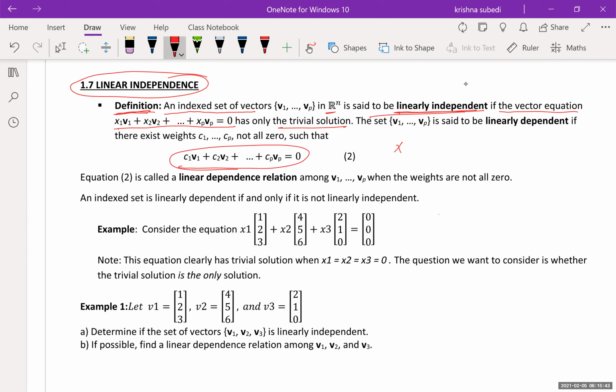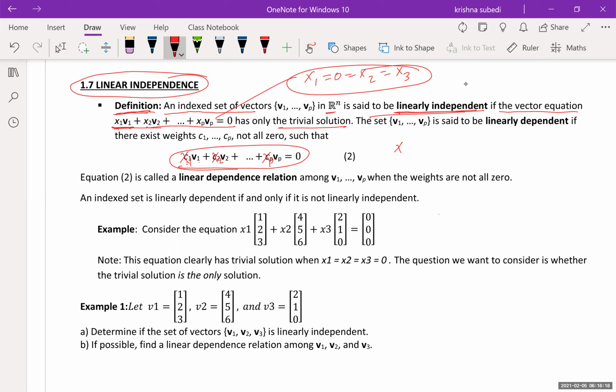Here I have written x1, b1, x2, b2, and here c1, b1; it's the same thing. x1 and c1 are the same thing. Let me change it into x1, x2, all the way to xp. Linearly independent means x1 equals 0, x2 equals 0, x3 equals 0, all of them are 0. It has only the trivial solution.